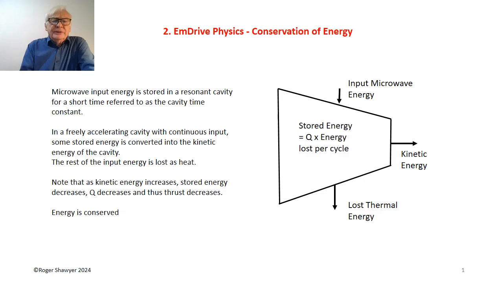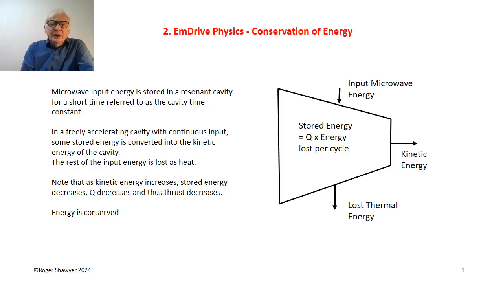So if we're suggesting that the stored energy decreases because some of it is transferred to kinetic energy, because the energy lost per cycle is constant, it must mean that as the stored energy goes down, the Q goes down. And we've already seen that the thrust of an EmDrive cavity depends on the Q of the cavity.